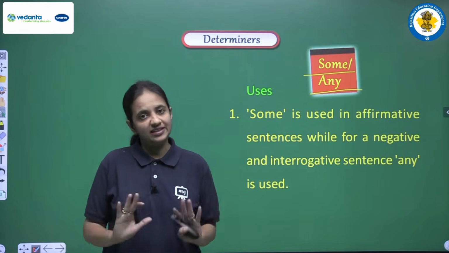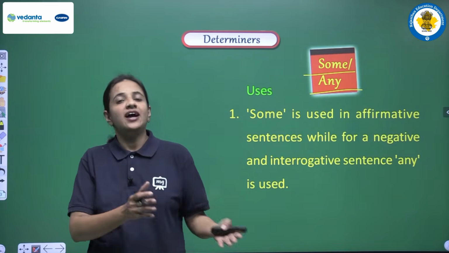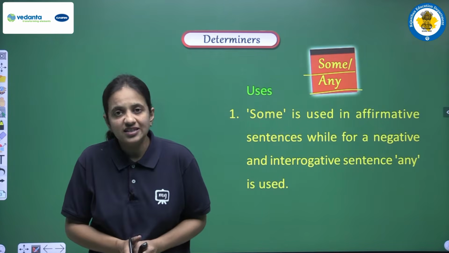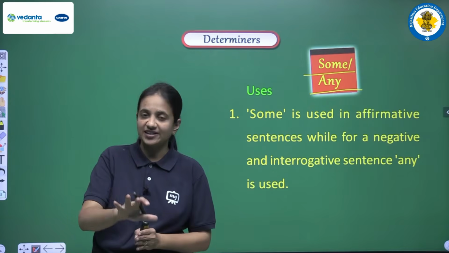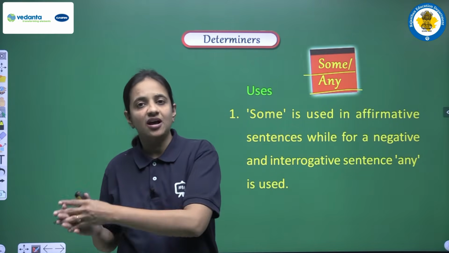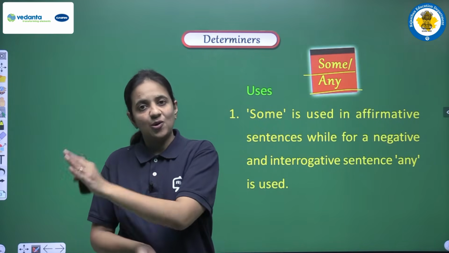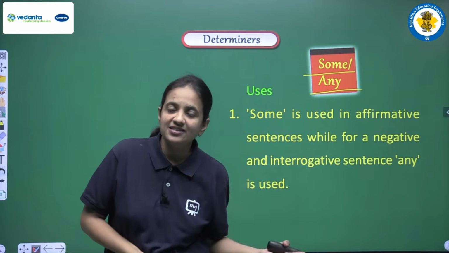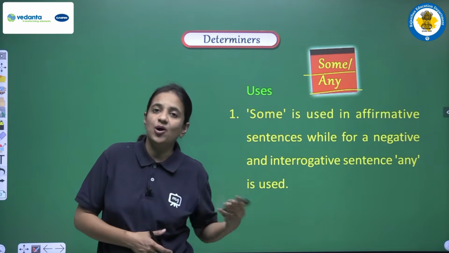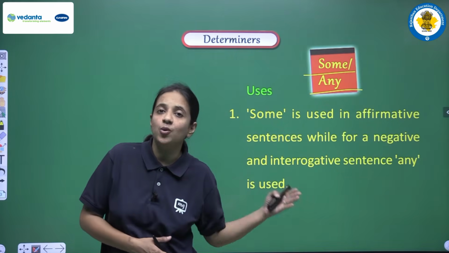Some nouns we are able to count, those are known as countable nouns, and the nouns that it is not possible to count come in the category of uncountable nouns.